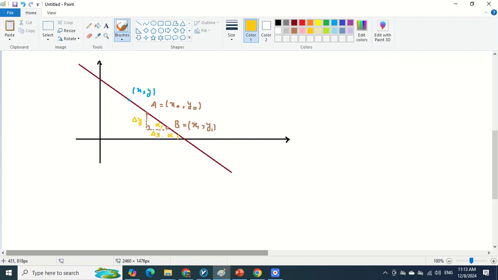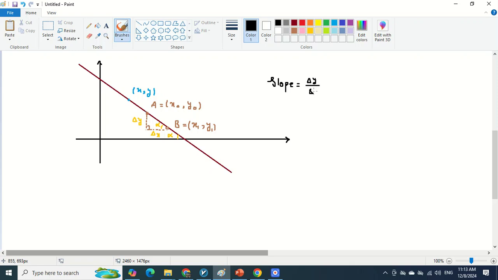And as you can see, in this given line we have the following things. The slope, or the gradient, of a straight line can be calculated as the difference of y values, or delta y, which can be calculated as y1 minus y0, over the delta x.